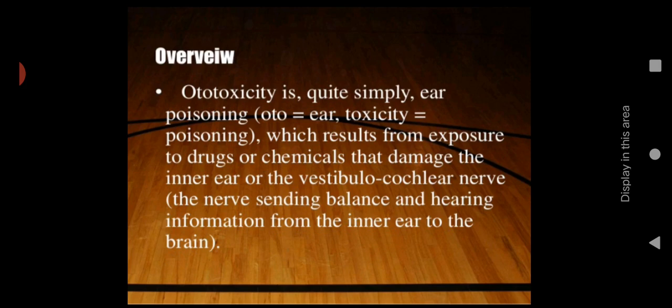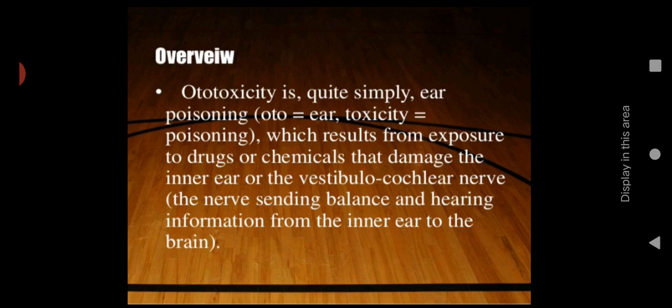So what is happening in ototoxicity when we are exposed to drugs or chemicals? In some disease conditions, we take systemic medications. We take some antibiotics, we take analgesics, not only for the ear but for other systems.